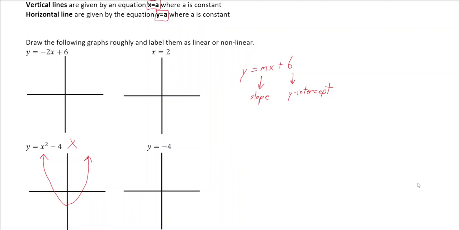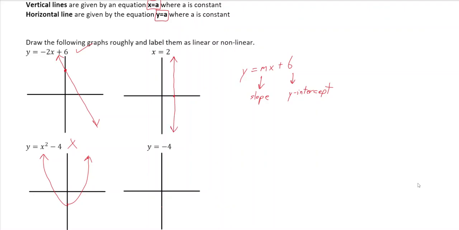No. Okay. This one, keep in mind you got your y-intercept at positive 6 and is decreasing by negative 2. So this is a linear function. This one here, we've got x equals 2, so it's here, and x equals 2 all the way up and all the way down. So this is also a linear function.